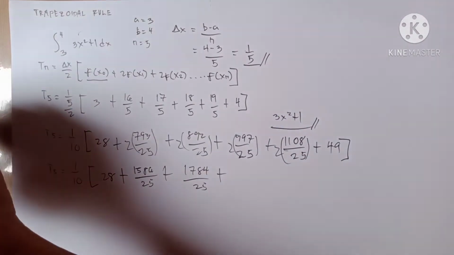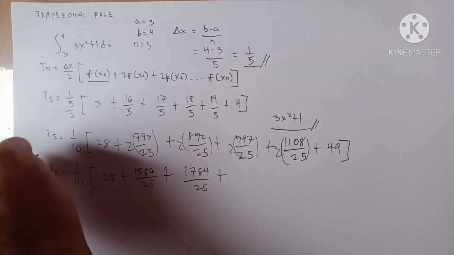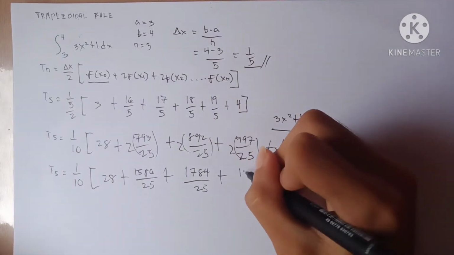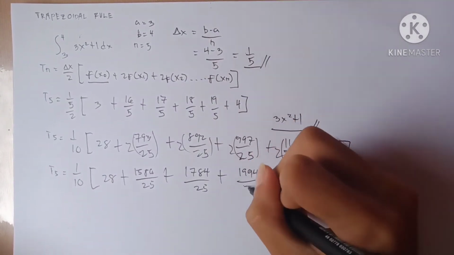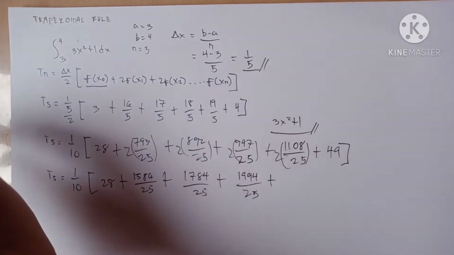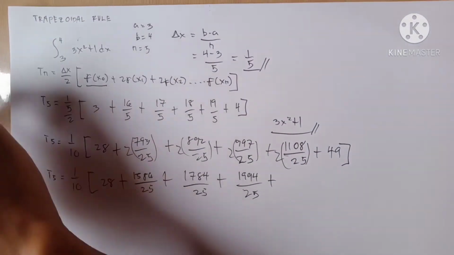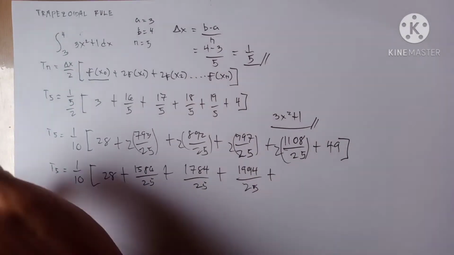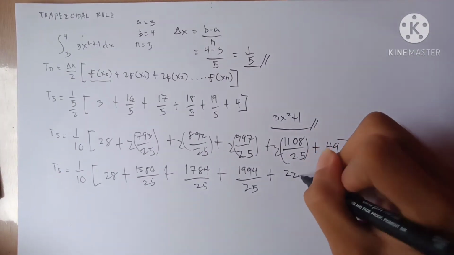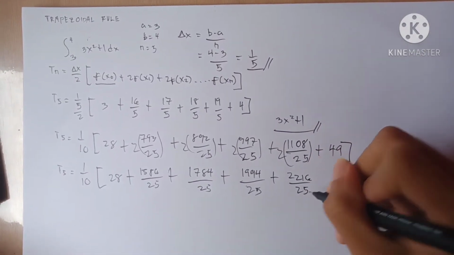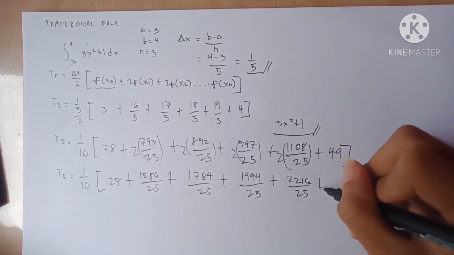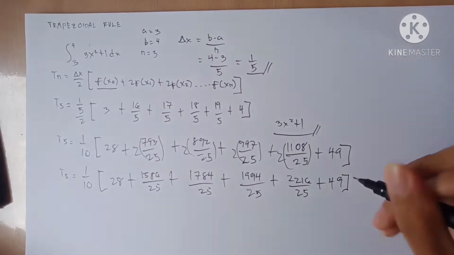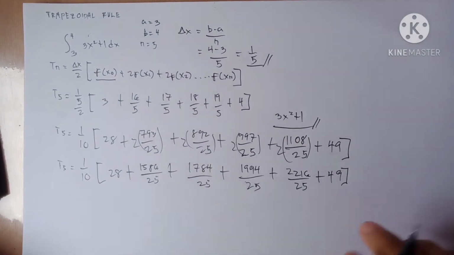Then the next, 997 over 25 times 2, 1994 over 25. Then the next is 1108 over 25 times 2. Now 2216 over 25 plus 49. The first and last term should not be multiplied by 2.